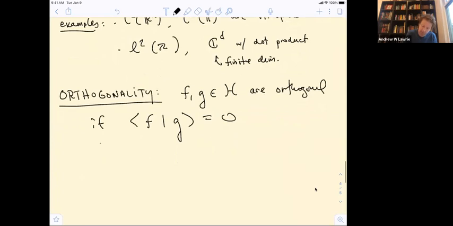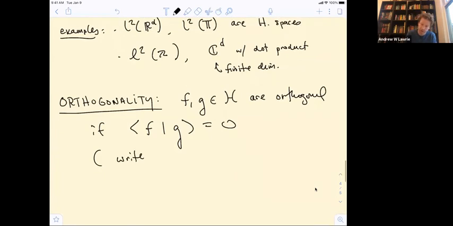The notation is analogous to perpendicular vectors, an analogy for the geometric interpretation in C^d. We write f is perpendicular to g.